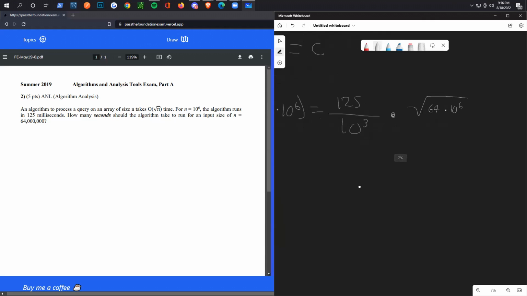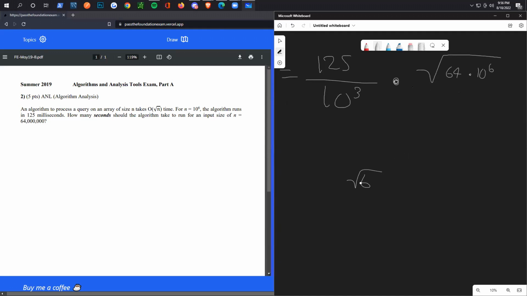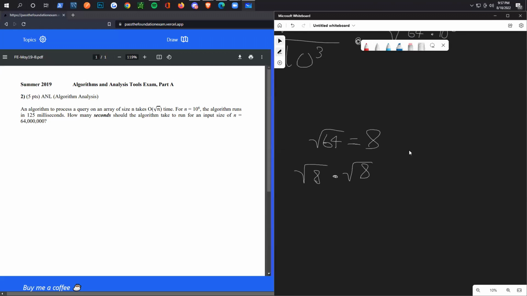Quick example, I'm just going to take a sub-example of this to explain something. If you have the square root of 64, I know this is just 8. But another way you can look at this is also equal to square root of 8 times square root of 8. Let's see why real quick. The whole idea is this is 8 to the power of 1/2 times 8 to the power of 1/2.